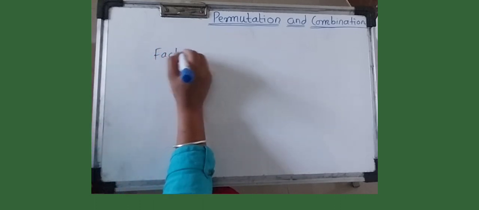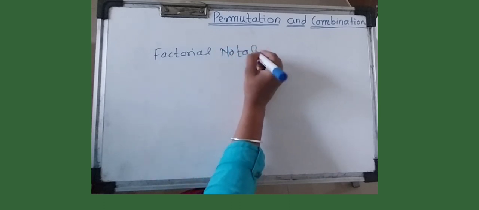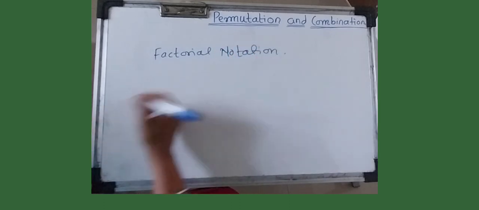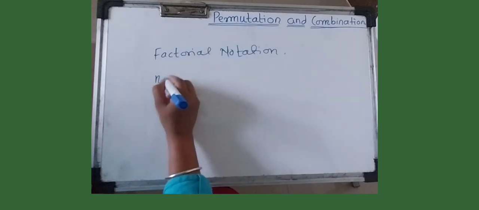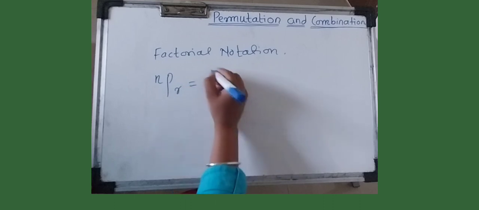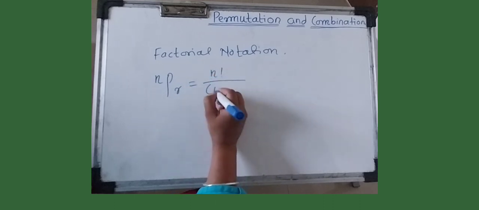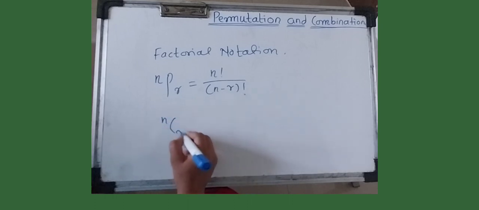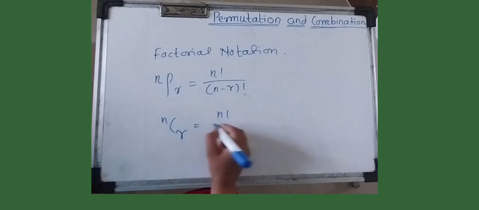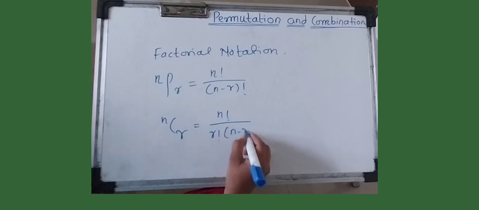See, in the permutation and combination, there is a factorial notation. Permutation is denoted by nPr and the formula is n factorial upon (n minus r) factorial. Okay. nCr is the combination: n factorial upon r factorial into (n minus r) factorial.